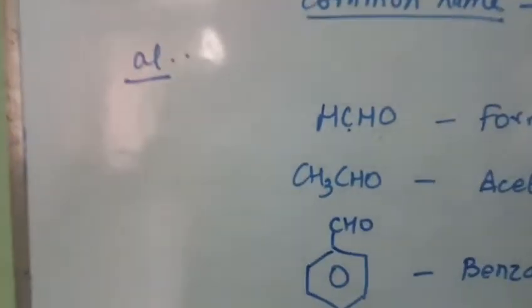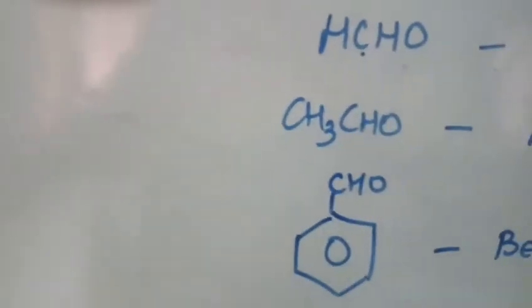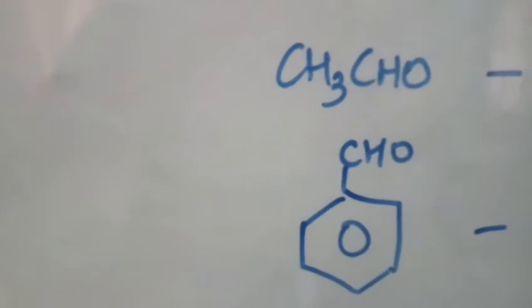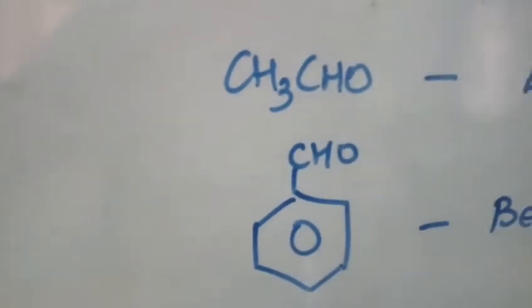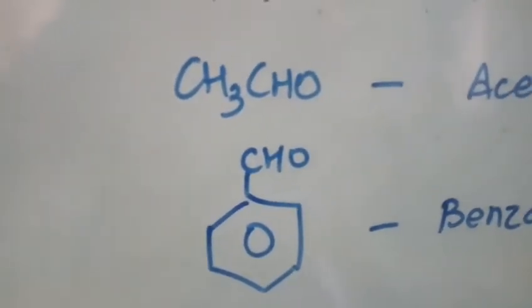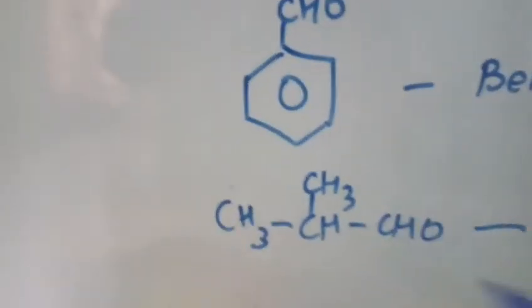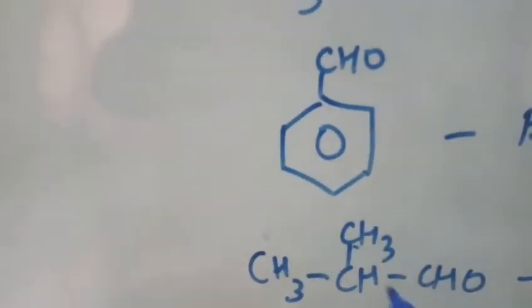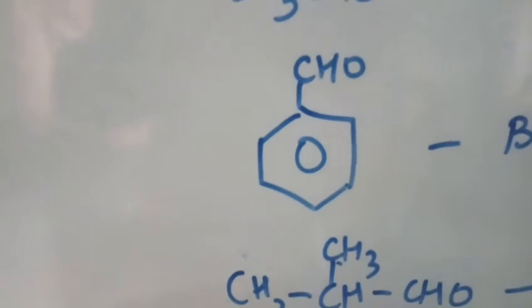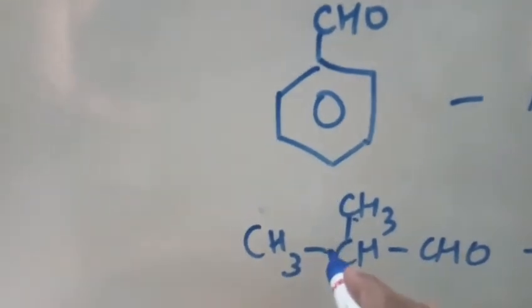In the case of common names, you have to indicate the position of the substituent, such as if this compound is there, you have to indicate the position of this substituent. This is your alpha carbon. The carbon which is just next to the functional group is the alpha carbon. This is the beta carbon.